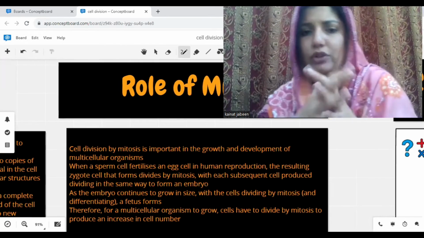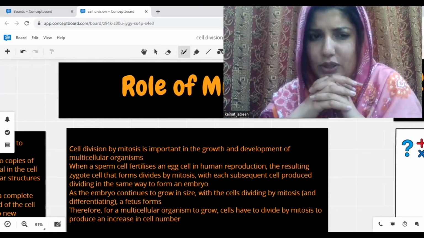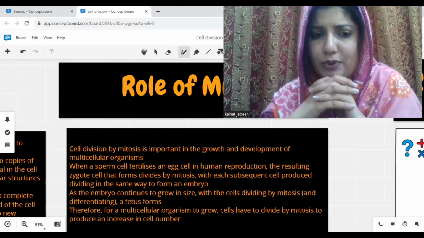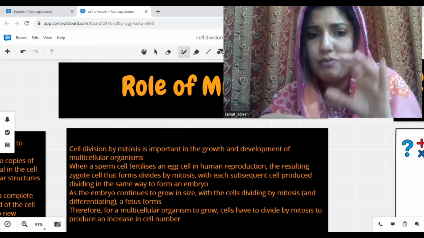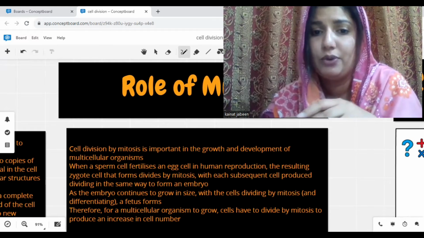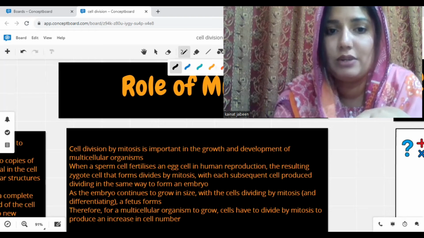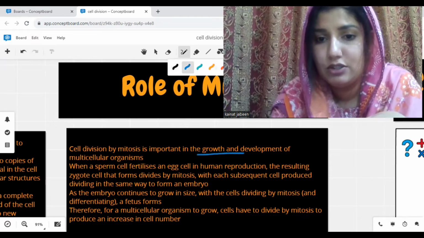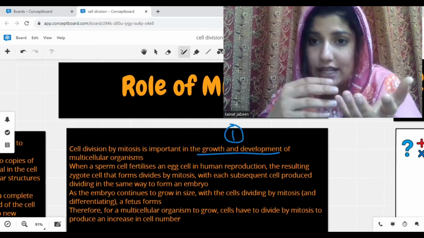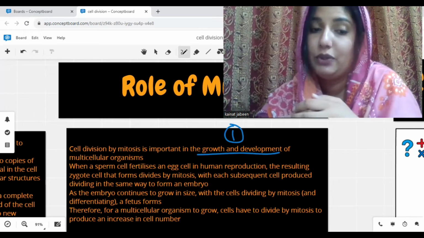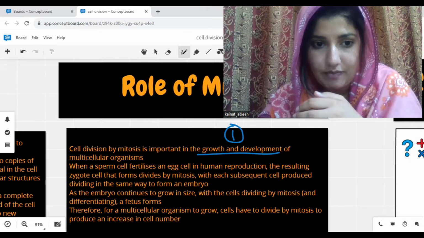Now we should know about the role of mitosis. Why is mitosis important? How is the cell going to divide? Cell division by mitosis is important in the growth and development of multicellular organisms. So this is the first important thing about mitosis. Why do cells divide? For the growth and development of organisms.